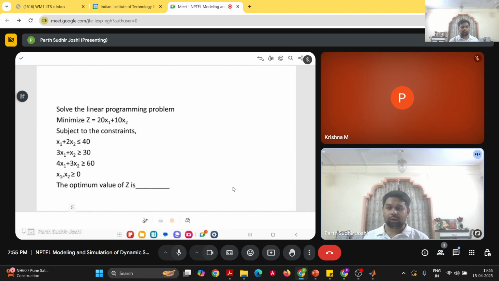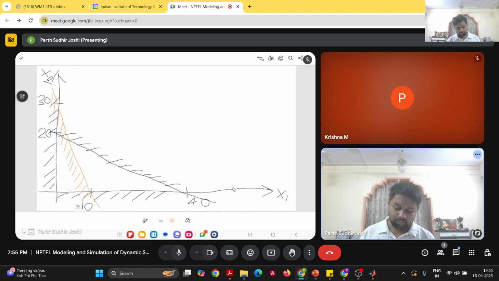And now let us come to the third constraint, 4x1 plus 3x2 is greater than or equal to 60. So for this, let us substitute x1 equal to 0. Then 3x2 will be 60, so x2 will become 60 by 3, which is 20.